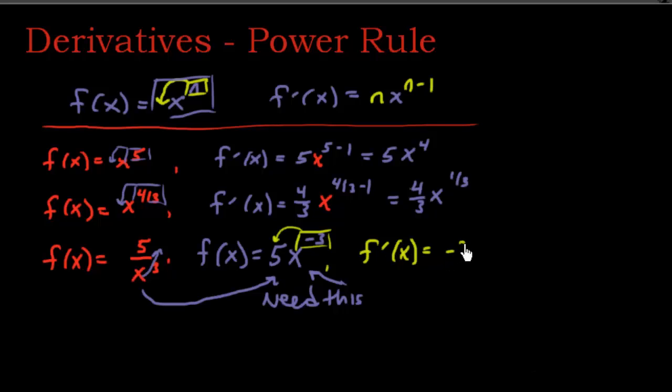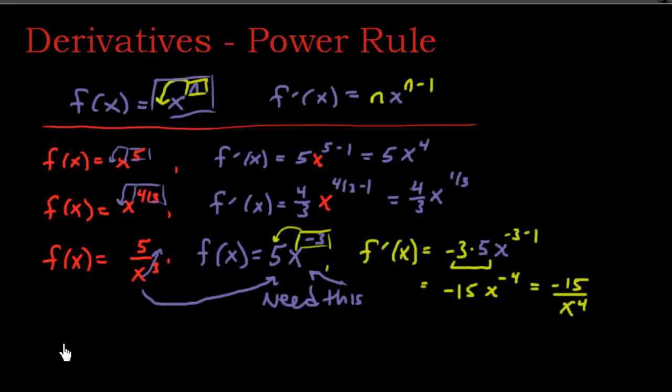So you're going to get -3 times the 5, x to the, and then you're going to have the -3 minus 1. So you've got -3 times 5, that's going to give me -15 x to the -4. You can rewrite this as -15 over x to the 4th if you'd like.